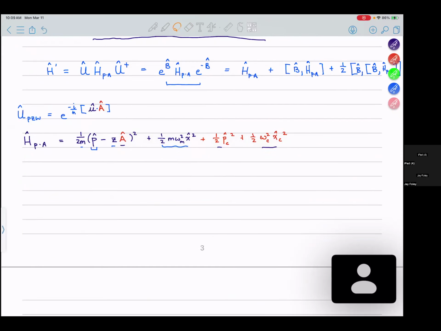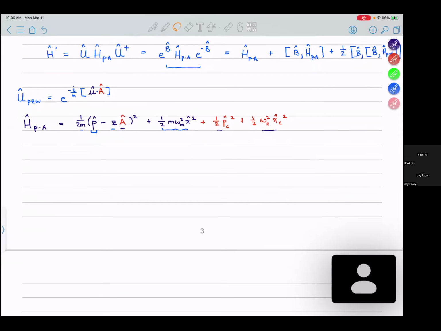Okay, and so as I do that, basically I can make some arguments along the way that are going to simplify my work. Okay, so the first thing that I'm going to do is say, all right, let's first consider acting on this first term here.